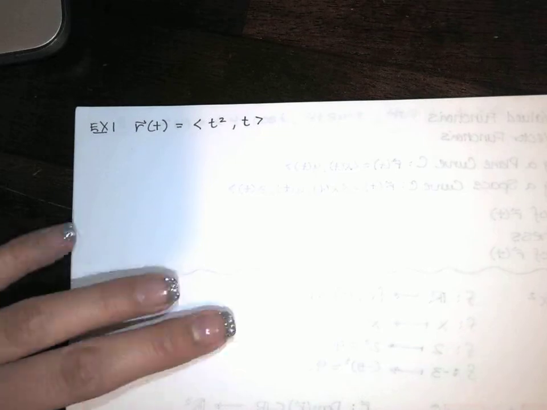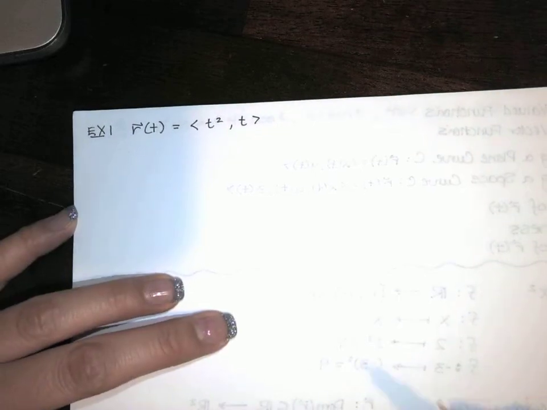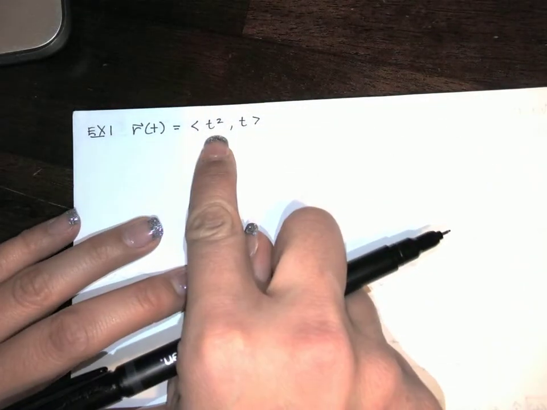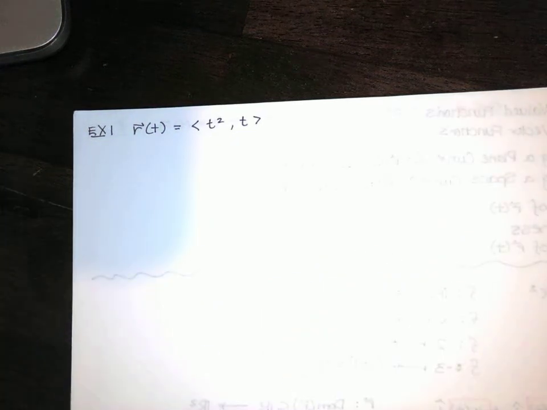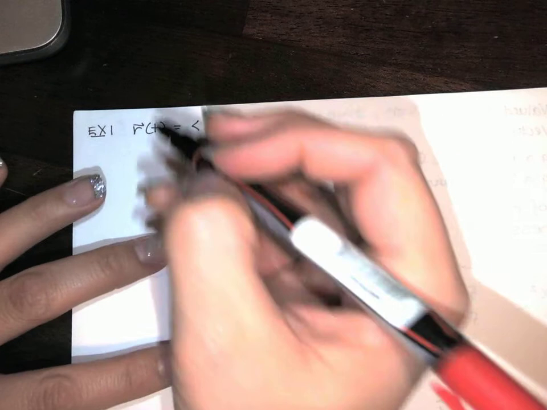Let's start here. Now I've got r of t equals t squared times i hat plus t times j hat. And remember what's implied by this.